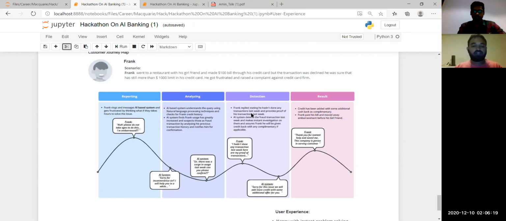For now, let us assume it was a bank fault because of the deduplication of the data. If it was a bank fault, the AI-based system provided a credit back to the customer, and he was added with some more credit into the account.